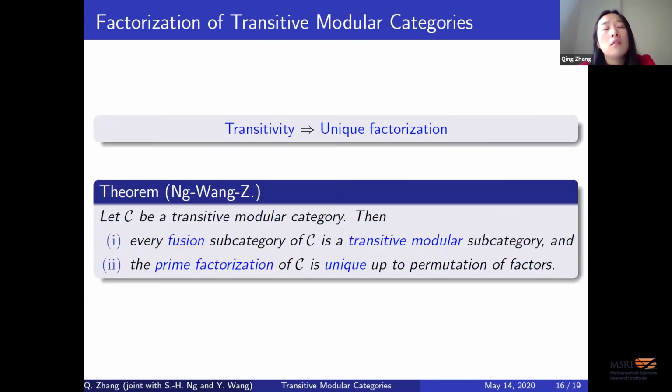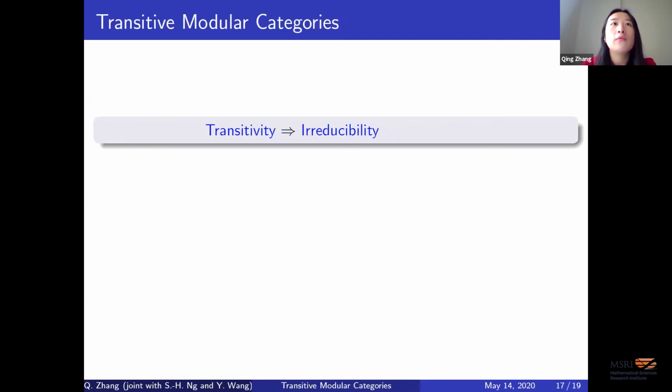If we consider C to be a transitive modular category, then every fusion subcategory is a transitive modular subcategory, and the prime factorization is unique up to permutation of factors. At this point, let's review some of the interesting results coming from transitivity.